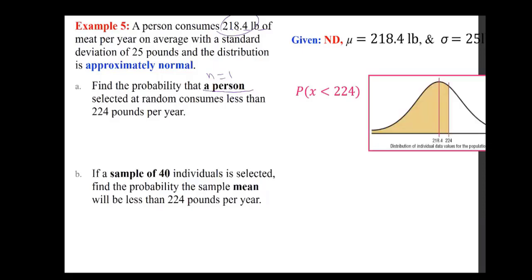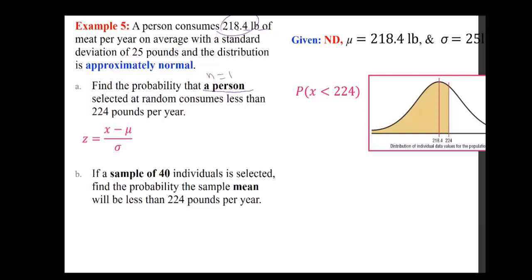Again, the graph tells you we are interested in finding this. And I would rather have a graph with the z. So the very first thing, we use the z-score of x minus mu over sigma, and we calculate this. We replace the x with 224, and mu and sigma are found in the beginning.